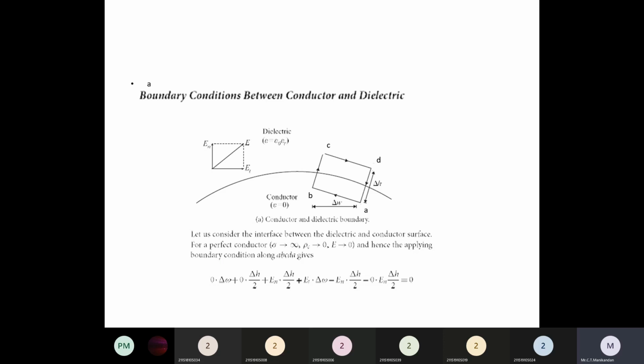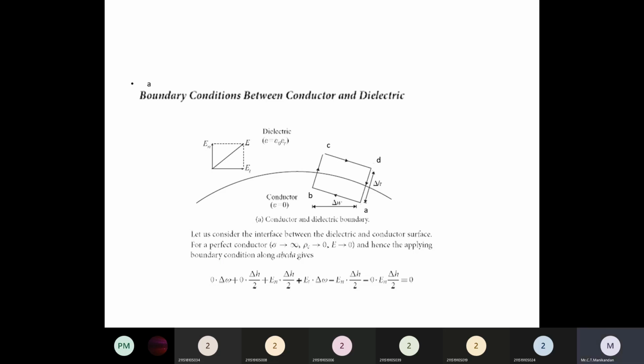So far we have seen two dielectrics. Now when you place one conductor and one dielectric, one over another, for example mica and polyethylene are two dielectric materials, and now you place a copper plate along with one dielectric, what will be the concept at the interface between the copper plate and the dielectric?